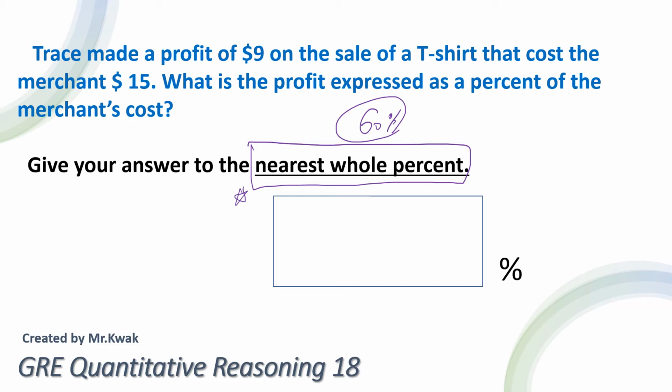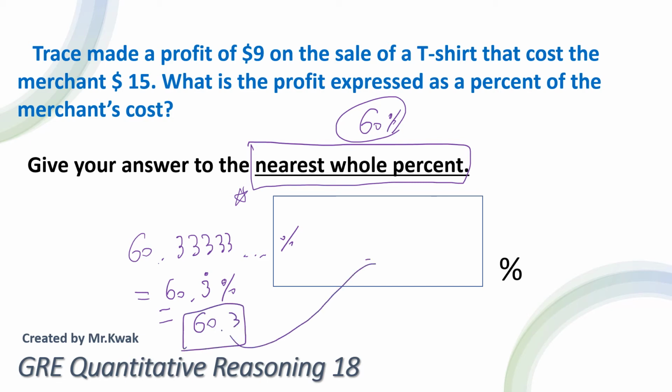Because, for example, if you get an answer such as 60.33333%, in that case the nearest whole percent means 60.3%, because the 3 is repetitive. Does it make sense? In that case, we can just represent it as 60.3. So that means the nearest whole percent.